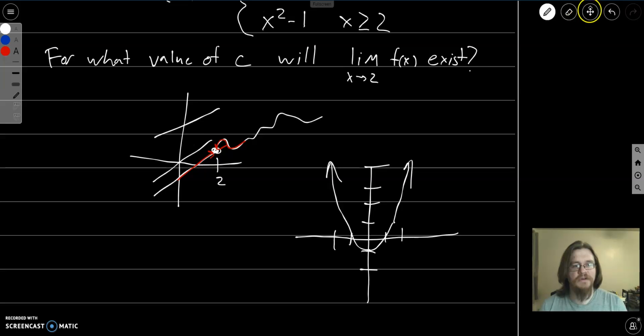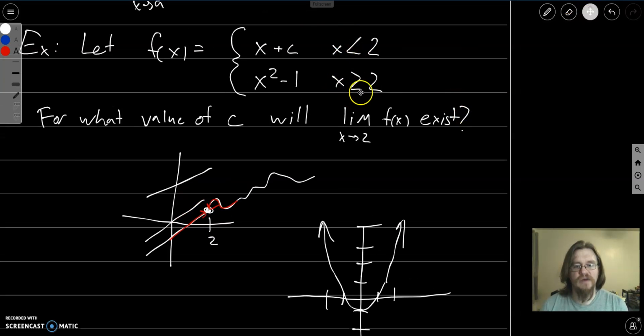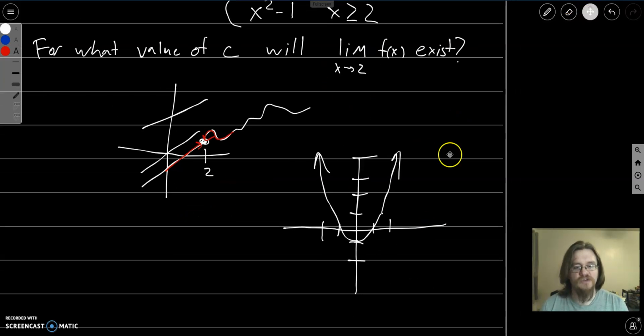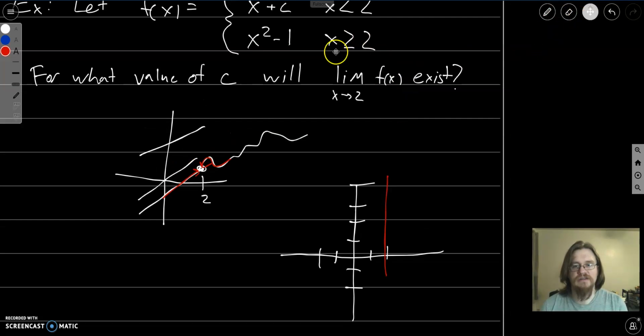And our function only looks like this when x is greater than or equal to 2. So we want the part that starts at x equal to 2. So if we erase that a little bit, when x is equal to 2, x squared minus 1 will be 3. And we're going to continue on with this little parabola, so it's going to curve up a little bit.